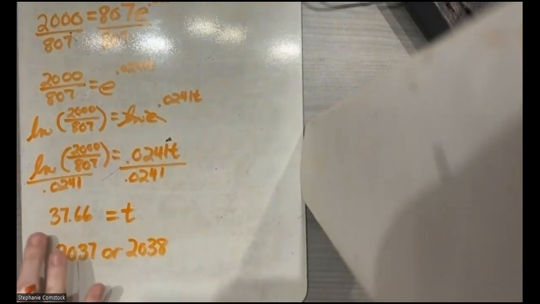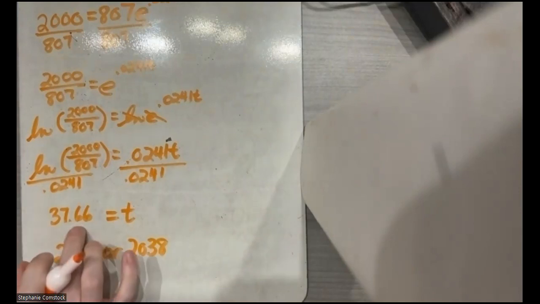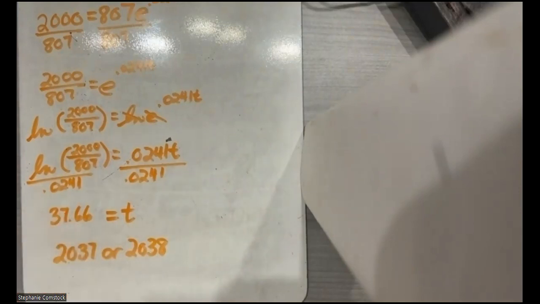There could be an argument for, does this 37 represent the beginning of 2037, which means this decimal is inside of the 2037 year, or does this 37 represent the entirety of 2037 and the 0.66 is then rolled into the next year? We also have some rounding concerns there as well. So now we have that this is going to be either 2037 or 2038. Either one would be considered acceptable.